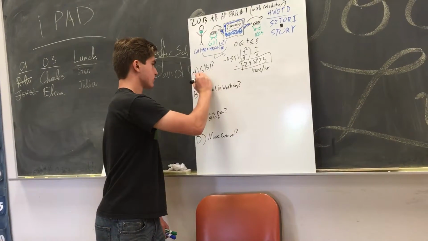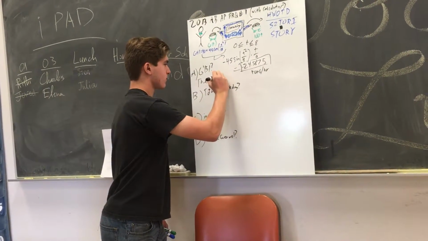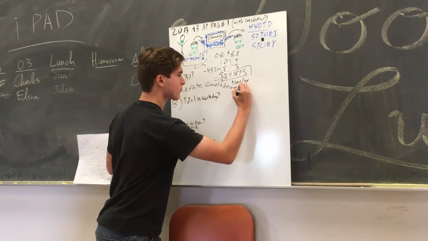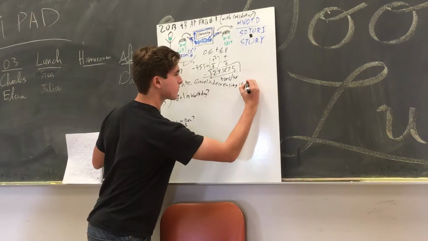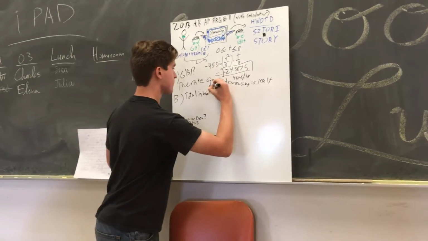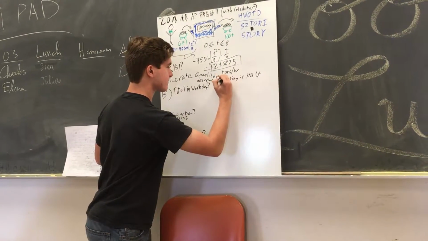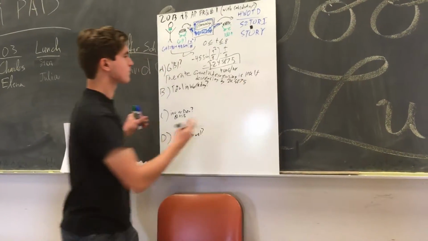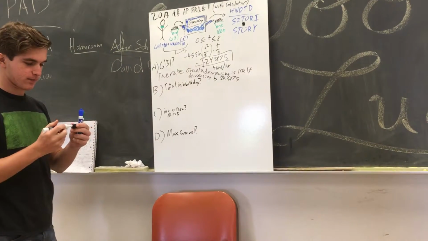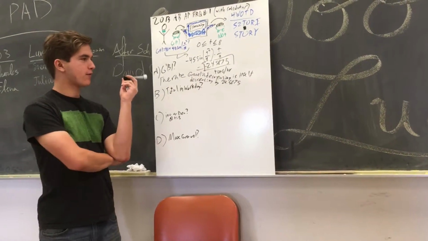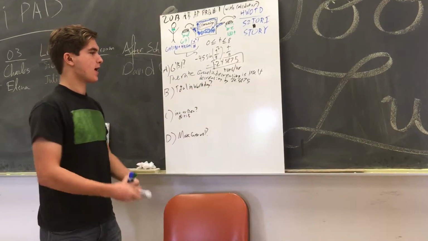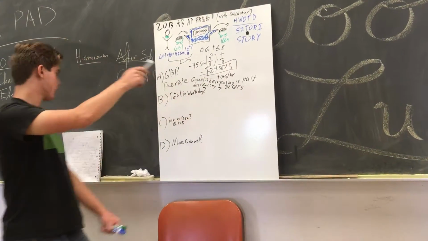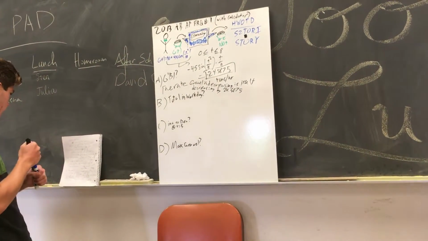So since this is g prime instead of g, the rate that gravel is decreasing is actually itself decreasing by 24.5875 tons per hour. Cool.